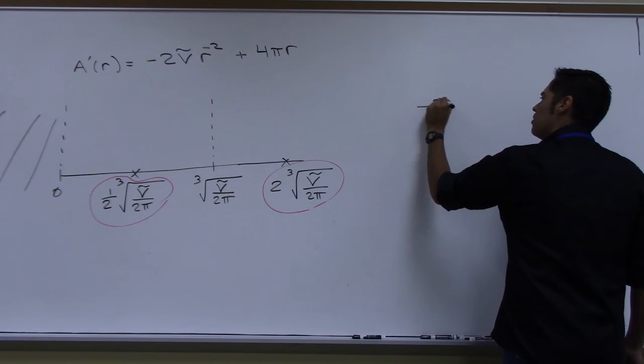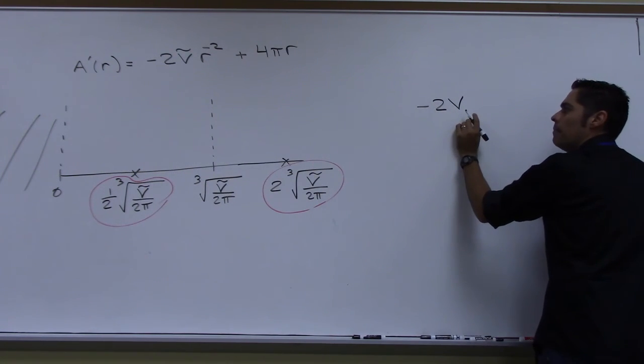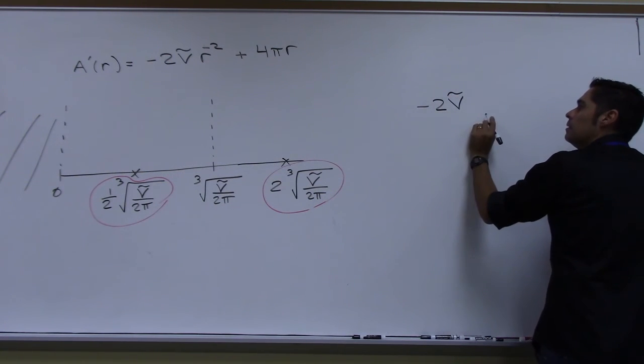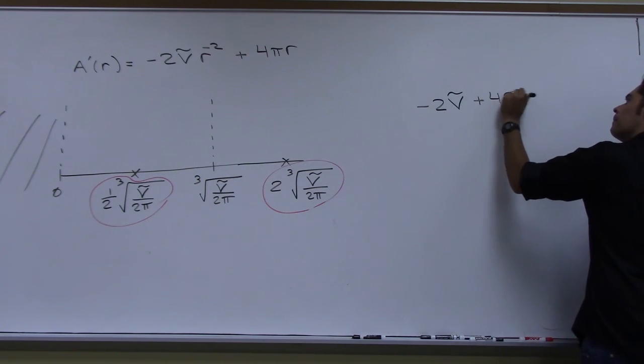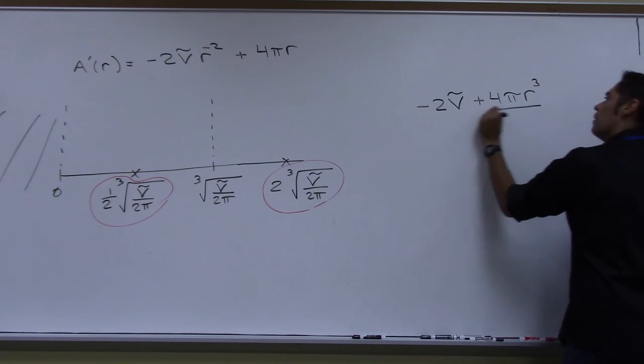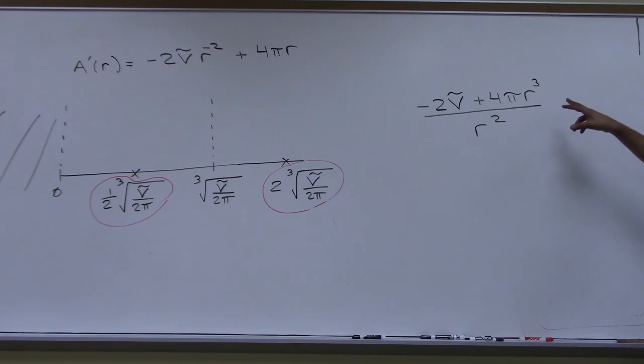Wasn't it negative 2 v, what was it? It's v tilde. It's negative 2 v tilde plus 4 pi r cubed over r squared. That was our derivative, right, after we got a common denominator?